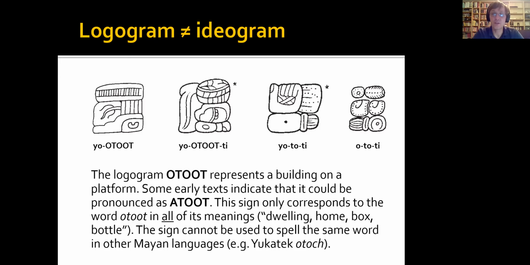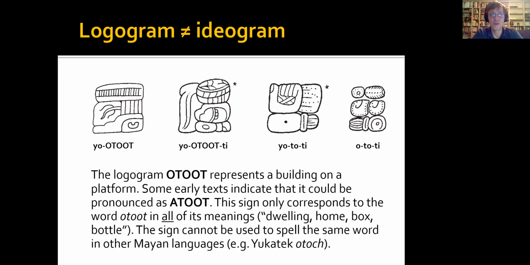It is very important to remember logograms are not ideograms. In fact, ideogram is a category that has been discarded by those who study ancient and modern writing systems. So when you want to say house in the Cholan language, the language of the hieroglyphs, there are different words for house, but you cannot spell them with the same logogram.